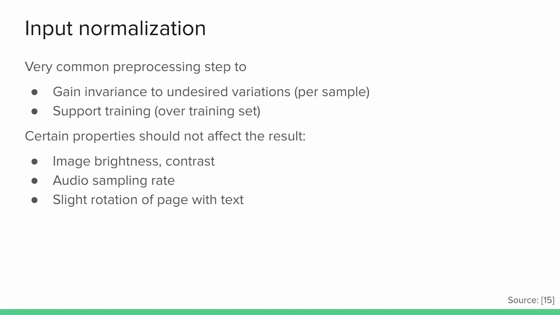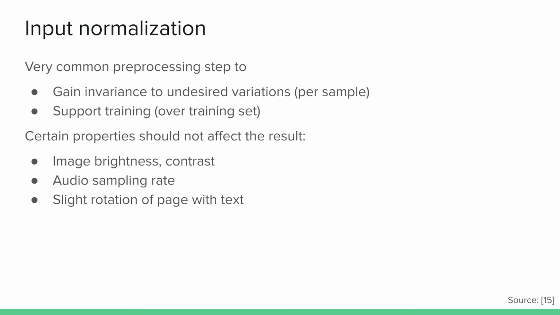Otherwise, we might run into the situation with the ruler. If you remember the example from the very first few lectures, where the network learned to take a look at the ruler instead of taking a look at the melanoma to classify whether it's good or bad. So another example would be the audio sampling rate if you work in the audio domain. Think about it. If you sample your input with completely different rates and then just feed those to the network, it might look as if someone was talking much faster or slower, which is not at all related to the content that is being recorded in that audio.